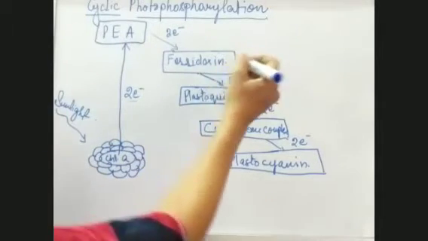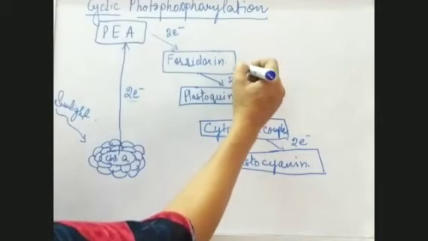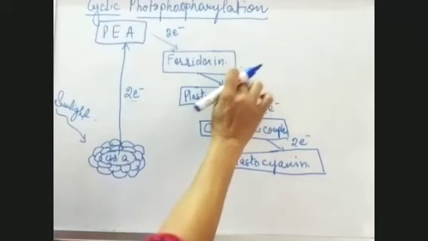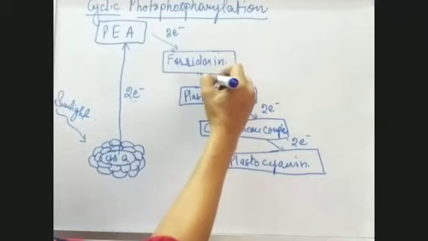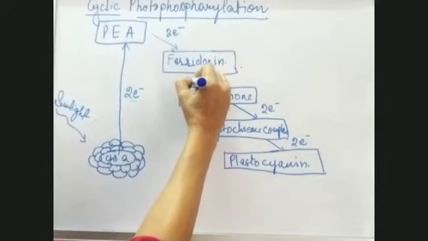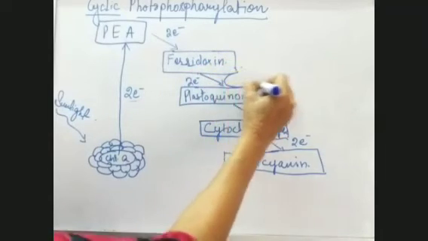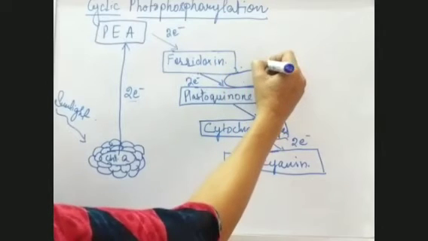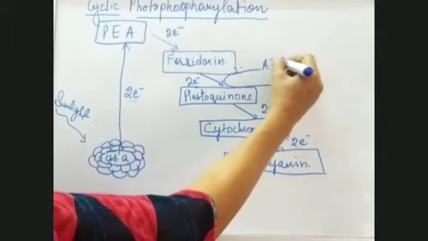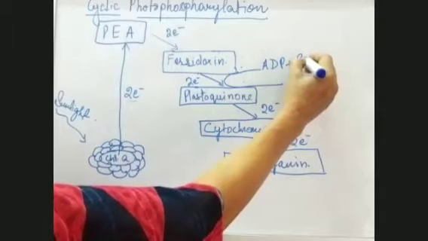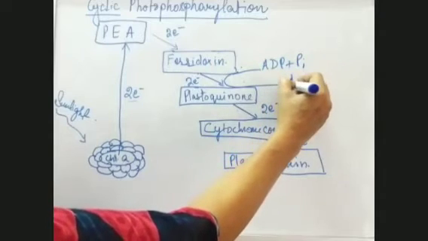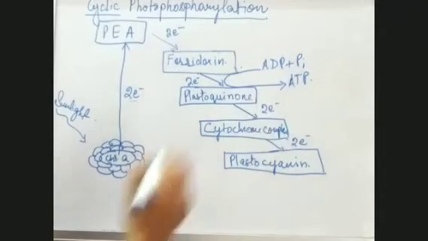One is the ferredoxin step, where photophosphorylation takes place. That means ADP and inorganic phosphate are combined, resulting in the formation of ATP.